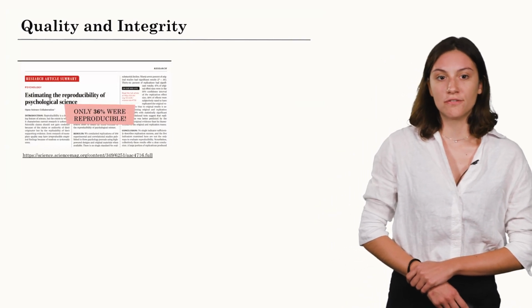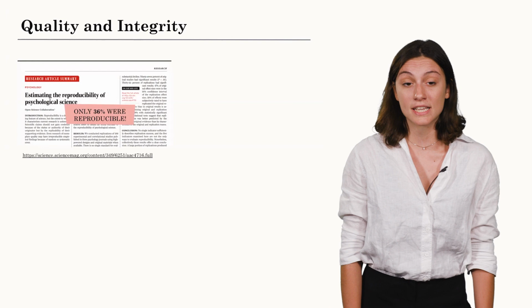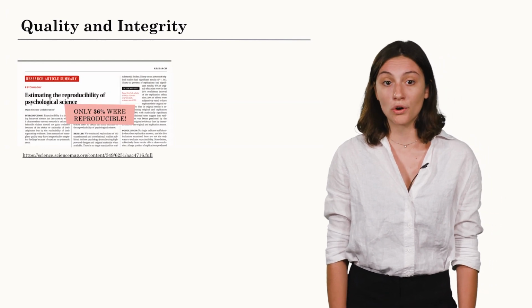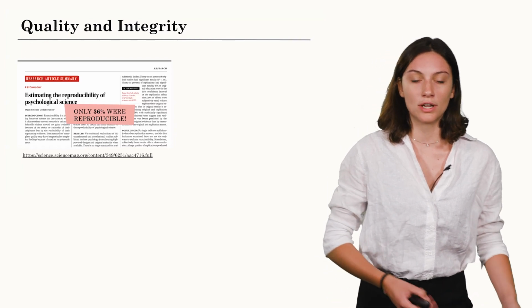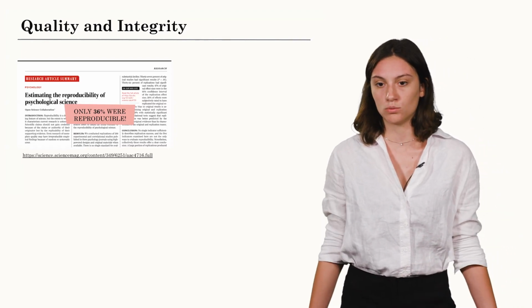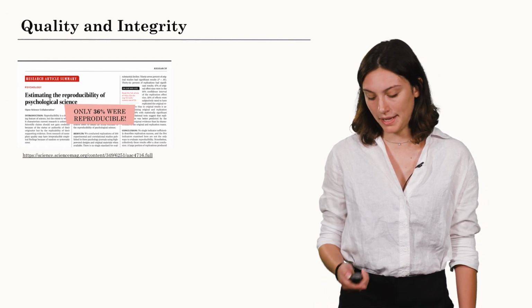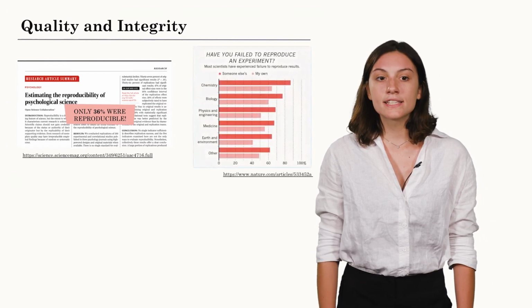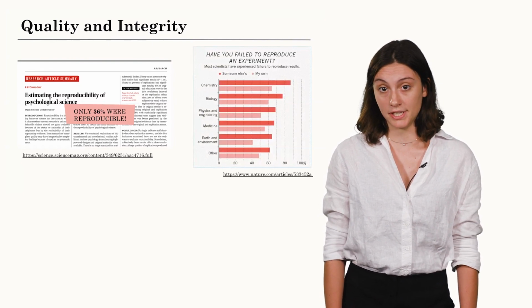Particularly when we consider findings in psychological research, what has been shown is that only 36% of results were reproducible. So when a study showed an effect and other people tried to replicate it and see whether this effect was actually still there, a lot of researchers didn't manage to replicate. This is not only the case in psychological science, but also in other disciplines.